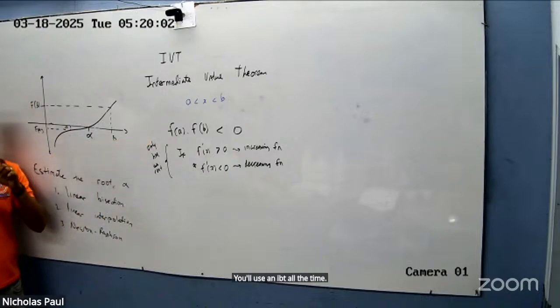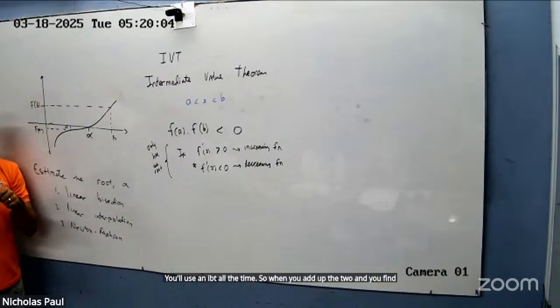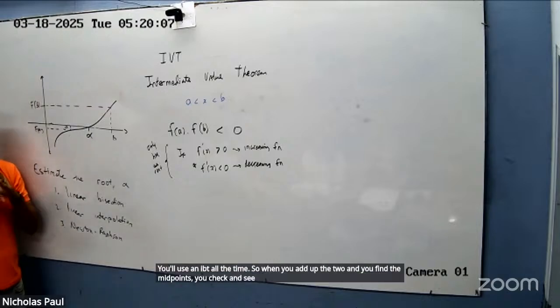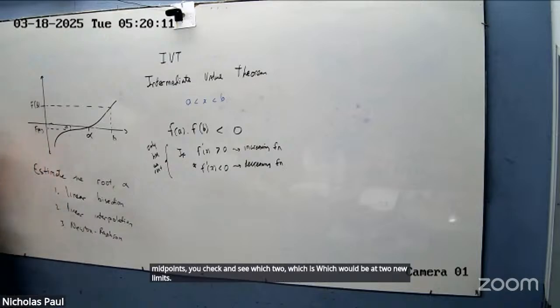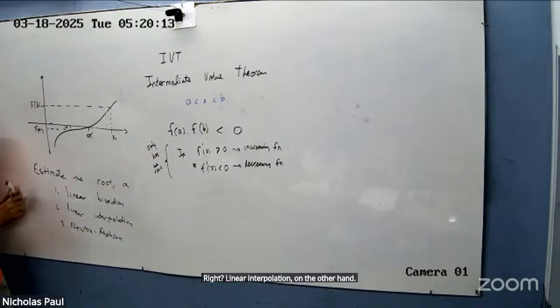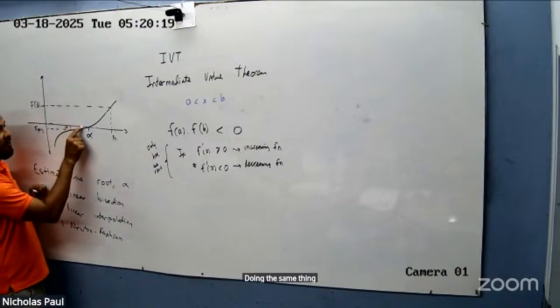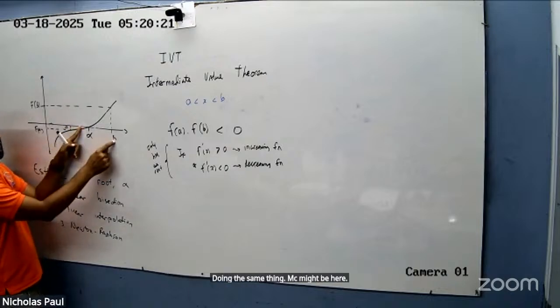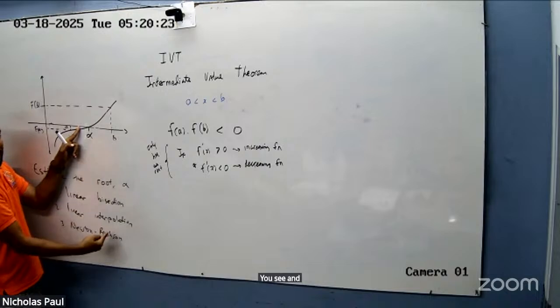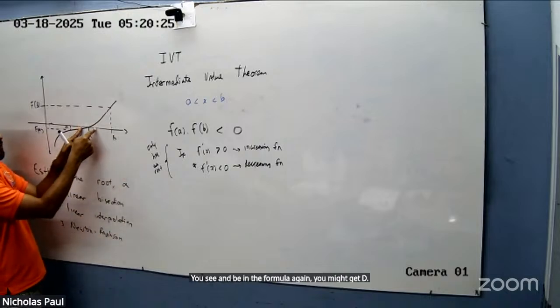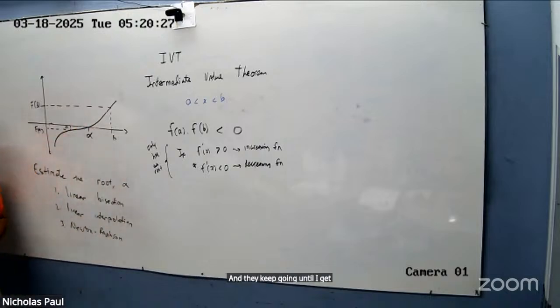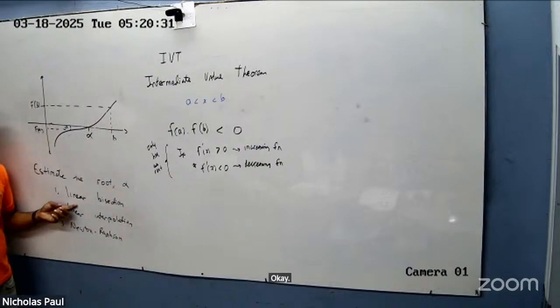When you add up the two and find the midpoint, you check which would be the two new limits. Linear interpolation, on the other hand, is very similar. You're using A and B and you're coming up with a new point C. If C might be here, you use C and B in the formula again, and you might get D. You keep going until you get closer and closer.